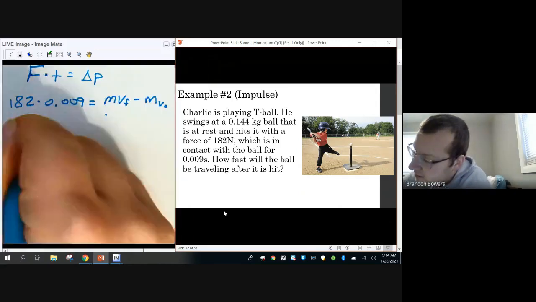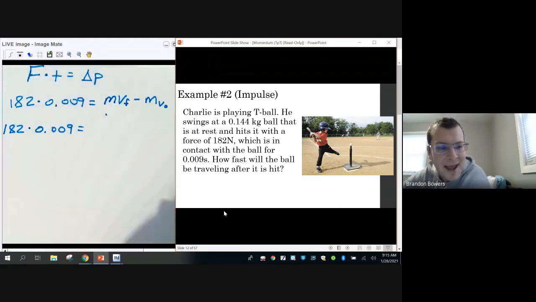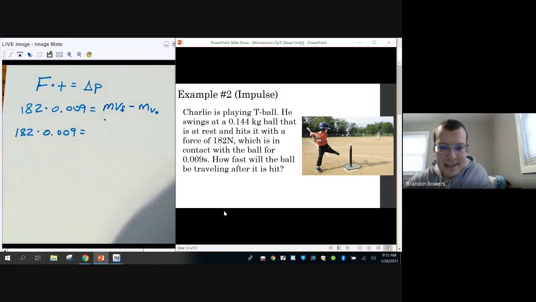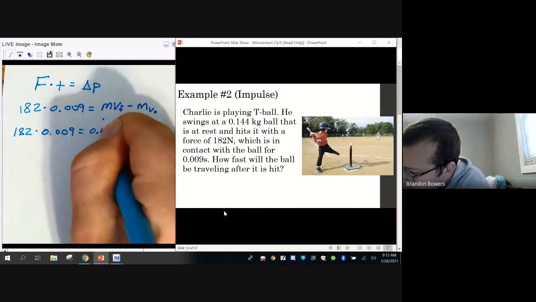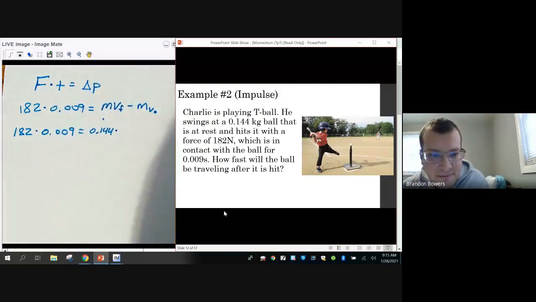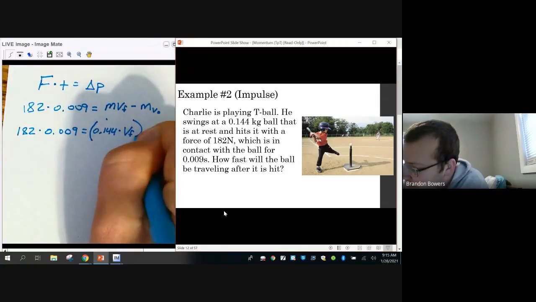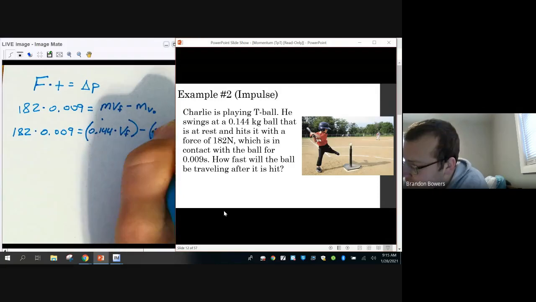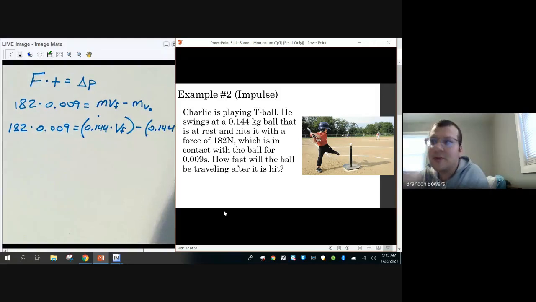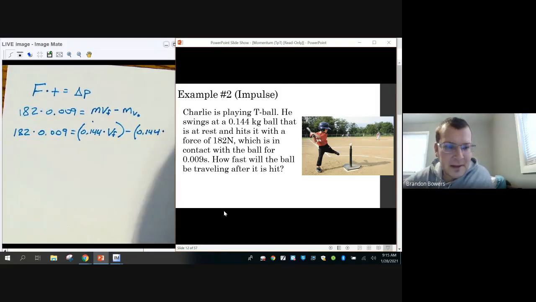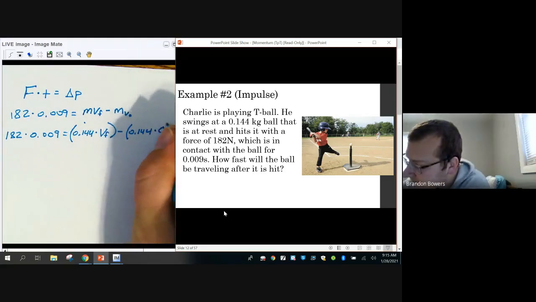Let me rewrite this. 182 times 0.009 is equal to my mass, which in this problem is 0.144, times my velocity final. I don't know what that is, so I'm solving for my velocity final, minus my mass, 0.144, times my velocity initial. Well, it's sitting on a tee, so what's my velocity initial? That's just going to be a big 0.